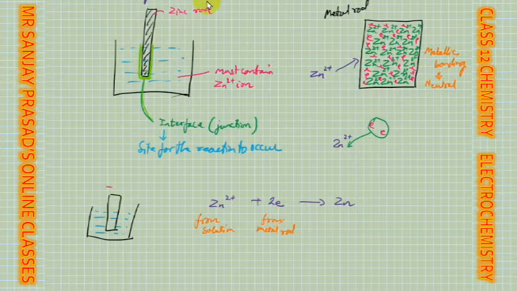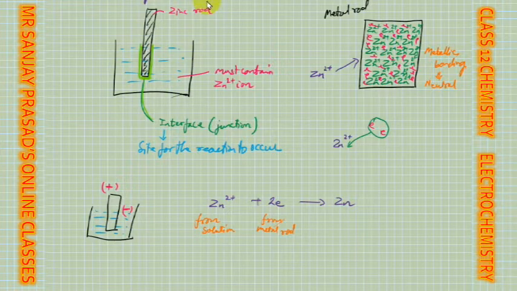So the metal rod becomes positive. The metal rod has lost 2 electrons, so it becomes positive, and in the solution, the zinc is gaining 2 electrons, so the solution becomes negative. The solution is becoming negative and the metal rod becomes positive.